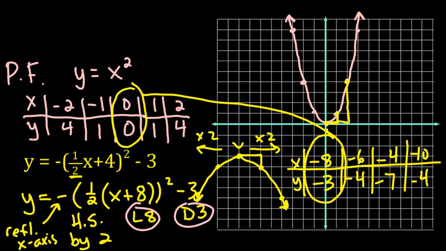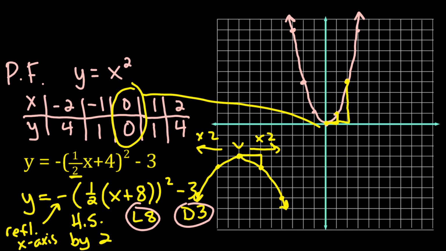So for your new origin, and actually let me erase this table, I want to start fresh, we could make that our center point. X, Y, and then we'll do -8, -3. And that's going to be like our 0, 0, because it moved left 8, down 3.